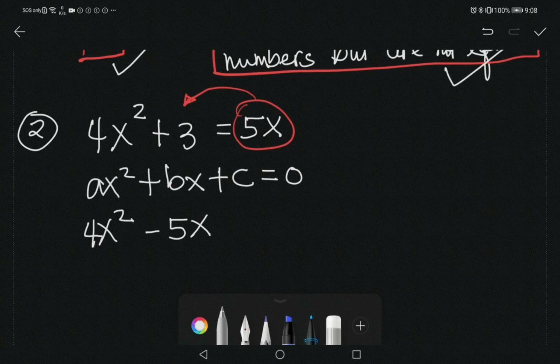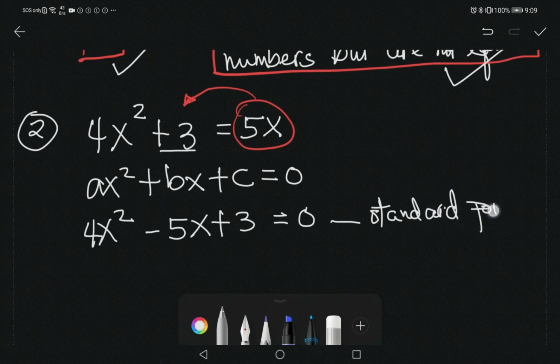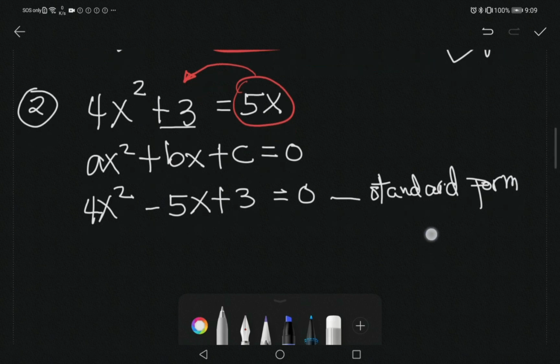Nya, kopyahon na nimo ang 3, plus 3 equals 0. So, standard form na siya. Naa na siya sa standard form.